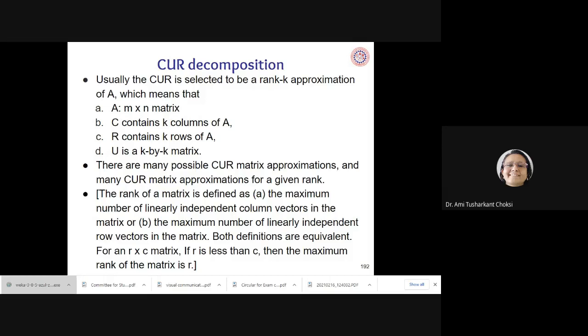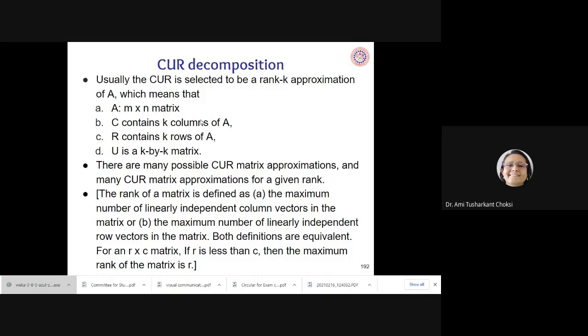So what actually we want to do in this CUR decomposition is that from the original M cross N matrix, we want to have the matrix C, that contains columns.